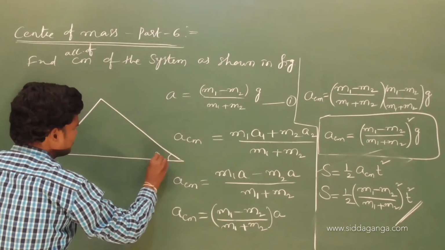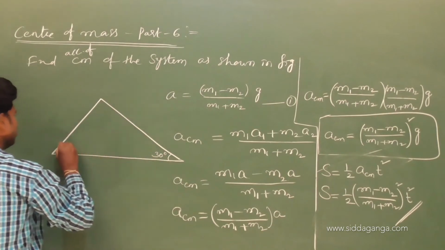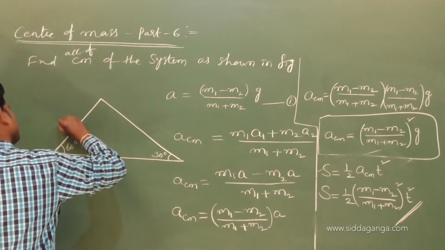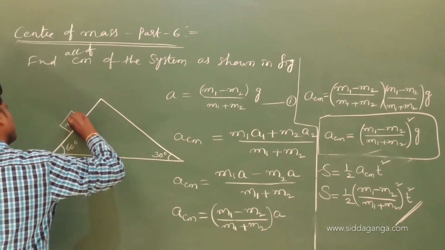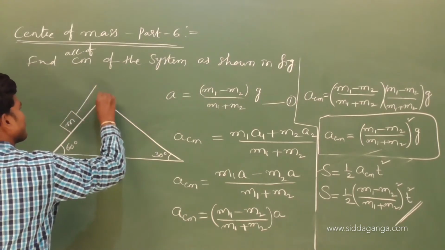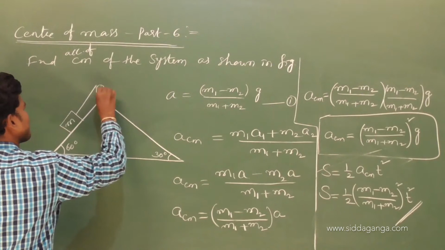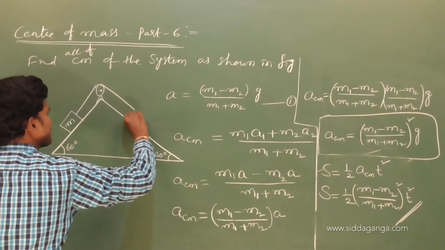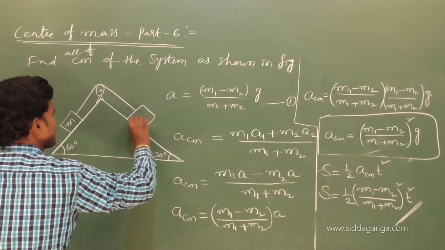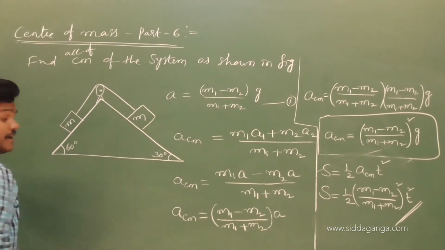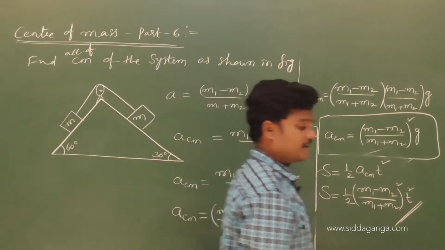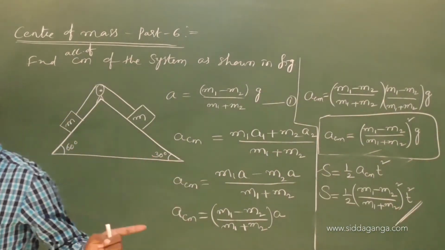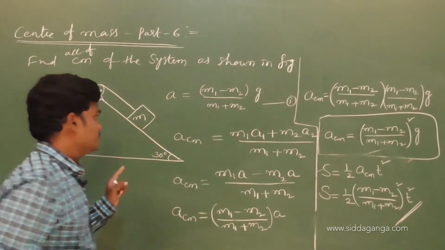This is given 30 degrees, this is 60 degrees, and they have given identical masses. See, this is the diagram. So I am going to calculate the acceleration of center of mass of this system.